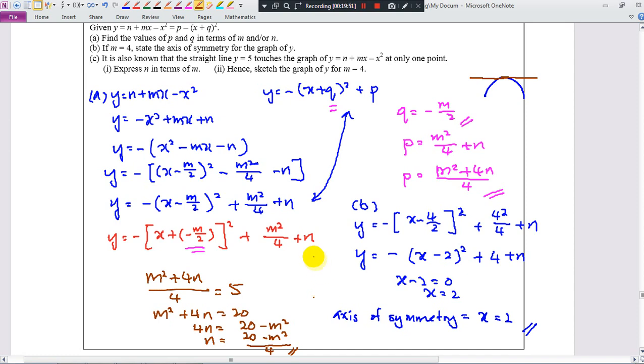Okay, let's try the last part. Sketch a graph of y for m equal to 4. So we need to plug in 4 here. Okay, so I think this one I erase first.